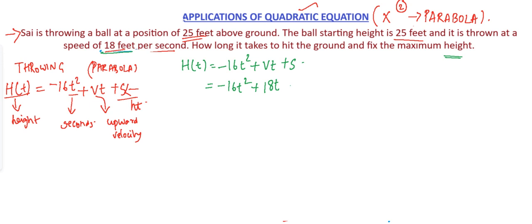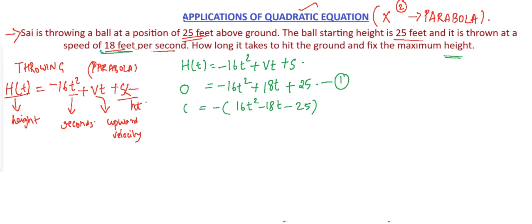So you have 18t, plus s represents your object's starting height, so the value is 25. Let's consider this as equation 1. If I take the minus sign outside, I get 16t square minus 18t minus 25.